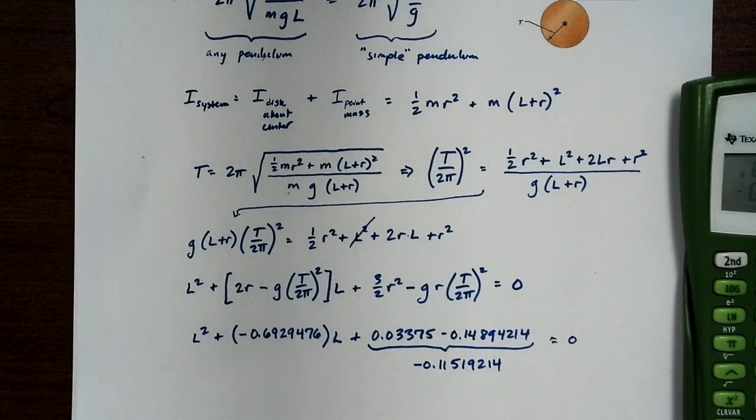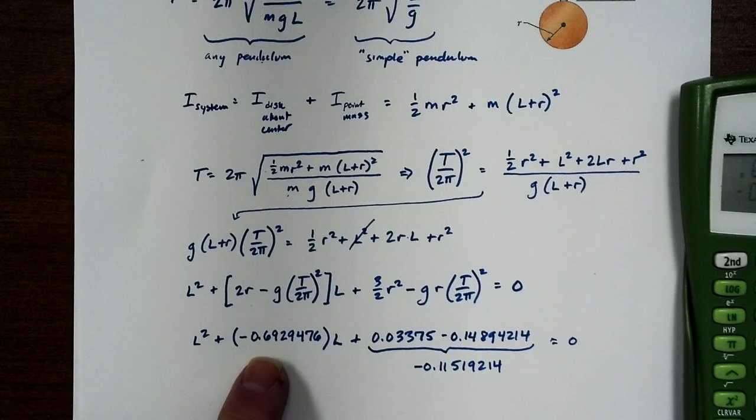I am going to use a quadratic equation solver to do that, because while I do remember the quadratic formula, it is more efficient to do this otherwise. So 1 is my leading coefficient, then negative 0.6929476, and then my third one is negative 0.11519214.